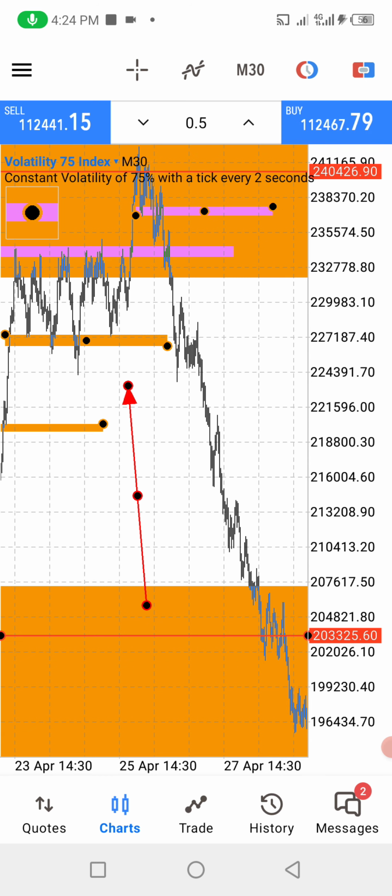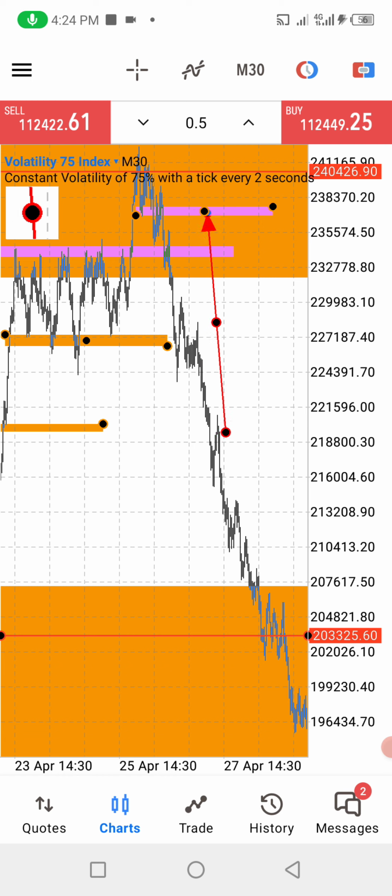So this is a resistance because price broke it and went down. By combining the fact that this is a higher time frame resistance zone, and then there is an internal resistance that has existed, a minor resistance combined with a major resistance is going to be a massive signal, man.